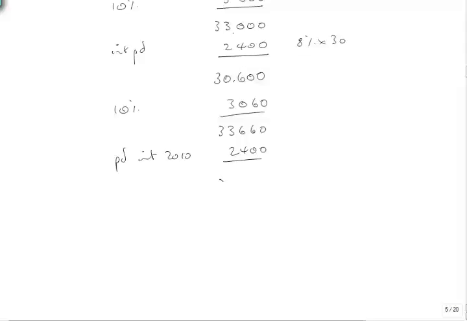So we've now got 31,260, and that's the loan note in the statement of financial position at 2010. And we've got interest, or a finance payment there, of 2,400, but we'll need to adjust that. That's the interest paid. This is the interest charge of 3,060.